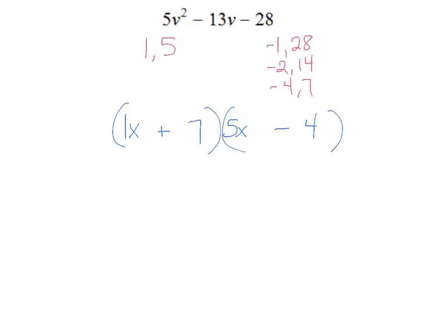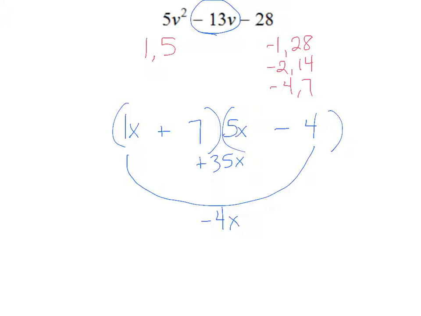Then what you do is you check and see if your outer and inner get you this negative 13v that we want. Oh, I put x's. I should have put v's. Sorry. This is negative 4x. I'm going to pretend they were x's. And a positive 35x. Does that add up to 13? Or really negative 13? Nope, it sure does not.